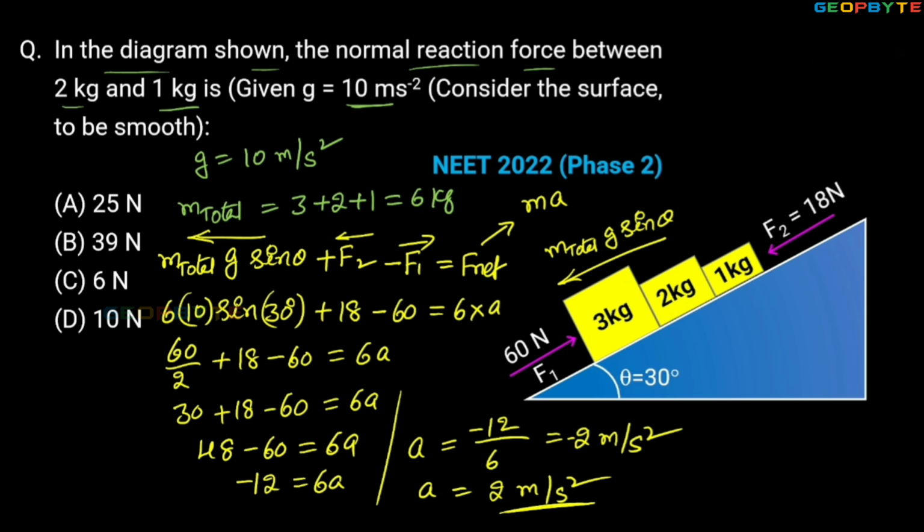That is the acceleration maintained by the combined system. Okay. Then it is asking what is the normal force between the 2 kg and 1 kg. For that, it is better to mark the right 1 kg mass. This is the 1 kg mass.